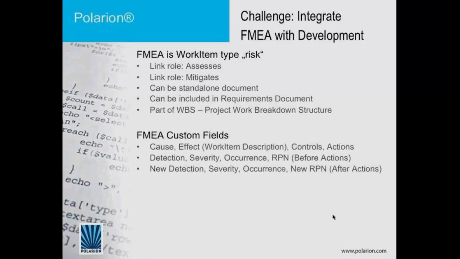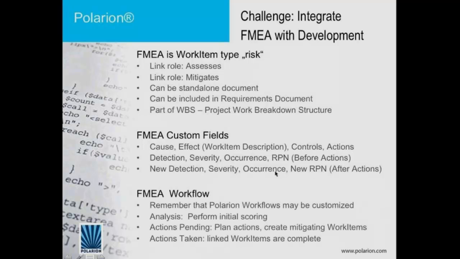FMEA will have some specific custom fields that will be unique to this type of artifact. Fields such as cause, effect, controls, and actions. Detection and severity and occurrence in RPN become scoring for both before and after actions. And then finally, we'll have a special workflow that adapts directly to the process of FMEA risk analysis.